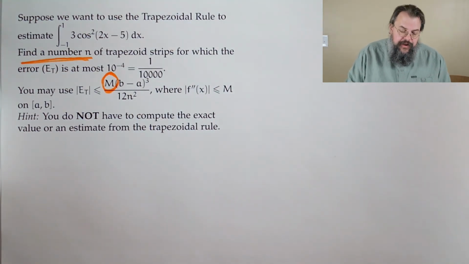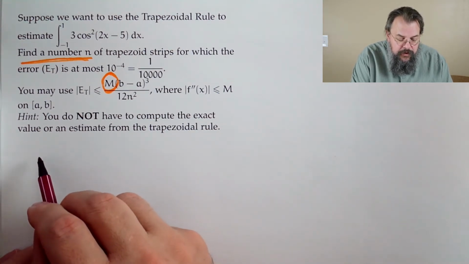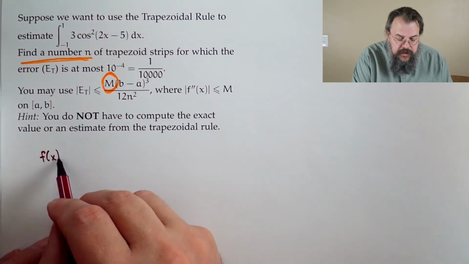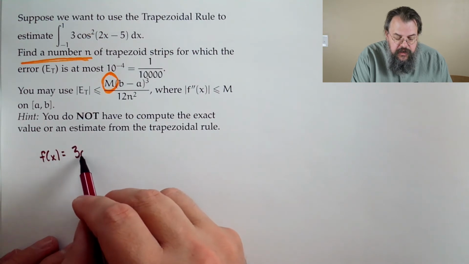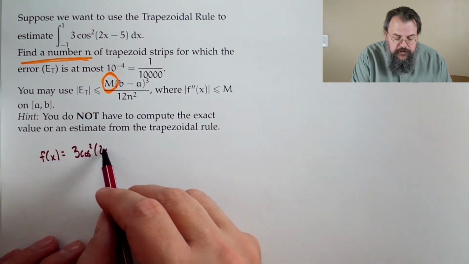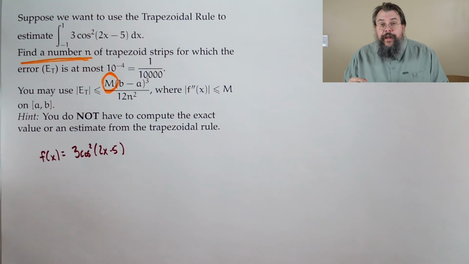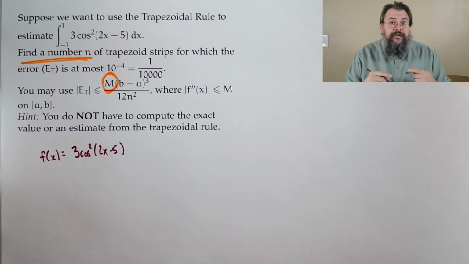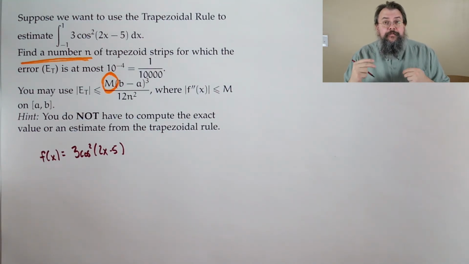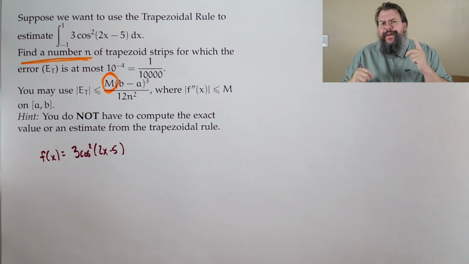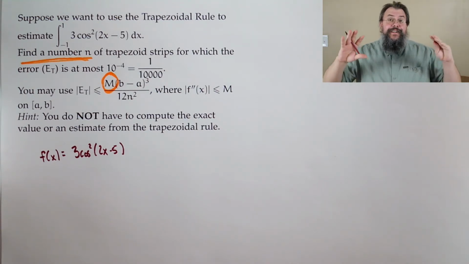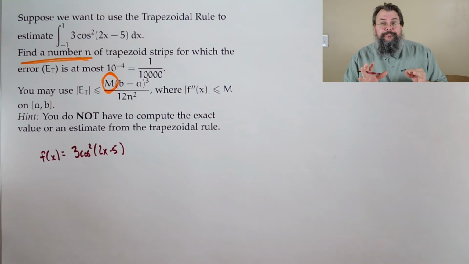All right, so here we go. Our function is 3 cosine squared of 2x minus 5. Now, we could start taking derivatives, but we know we have to take 2 of them. But another thing we can do is say, hold on, is there a nicer way to write this function?